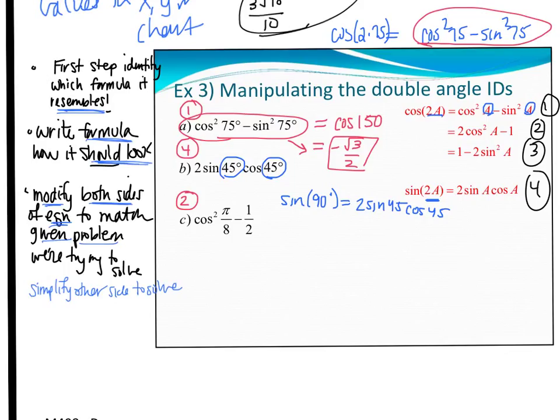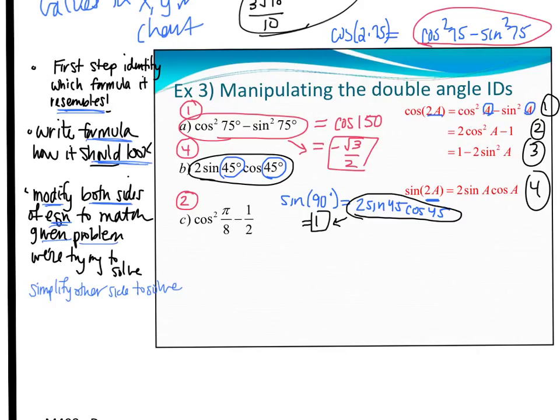So now we take a step back, we look at the problem, and we ask ourselves, is this right side a match for this problem I'm trying to solve? And it is. It's a direct match. So since it's a direct match, then I'm ready to go ahead and solve the other side. I can say, all right, well, what is sine of 90? I know that the sine of 90 is equal to 1. Therefore, this expression is also equal to 1.